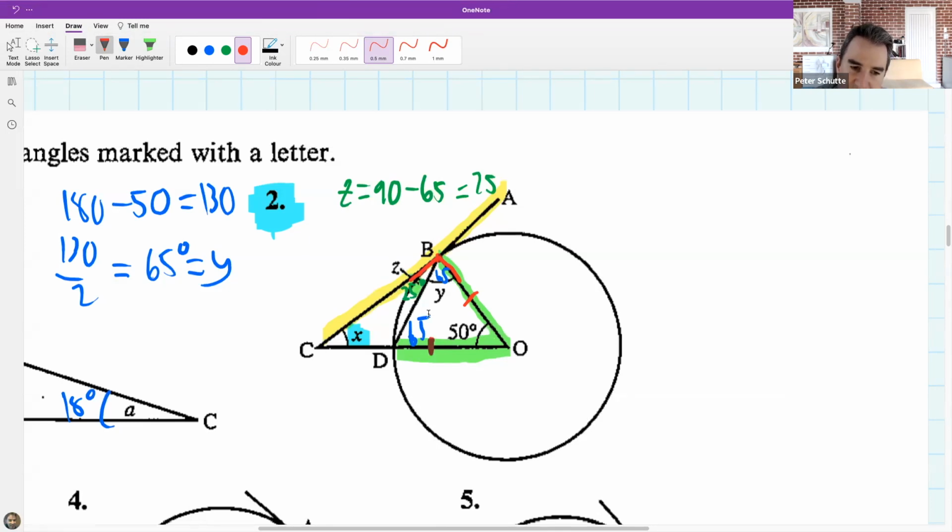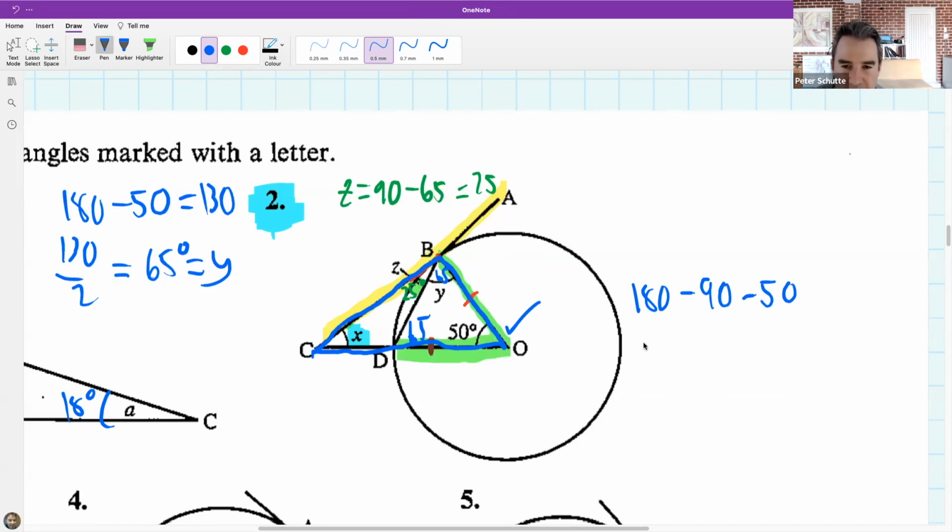Oh, I see what you're doing. Okay, so you're looking at the whole big triangle. Excuse my horrible drawing. You're saying 180 minus the 90 for the bit with the tangent radius, and then minus 50 for this one down here.